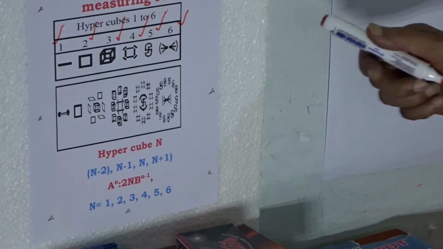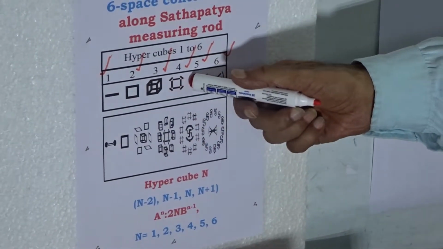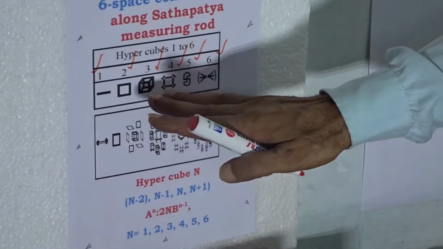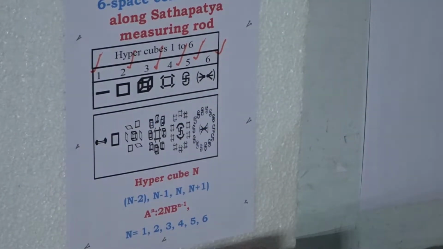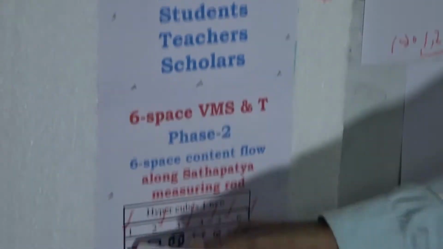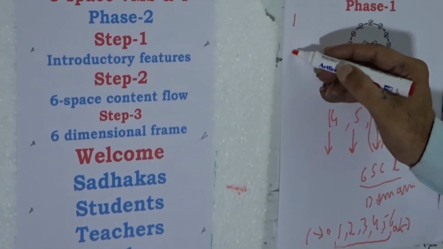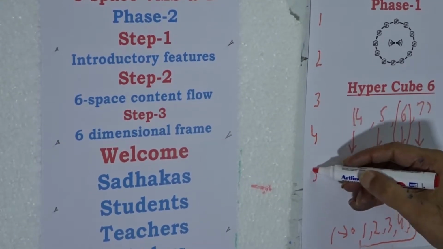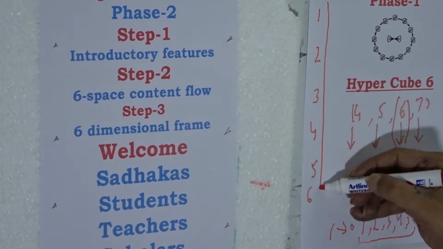Now this Sthapatya miring rod manifests a format within a 6-space domain. So within this domain is a manifestation of these formats. Therefore, single axis, pair of axes, triple axis, quadruple, penta and hexa number of dimensions manifest and give a format.